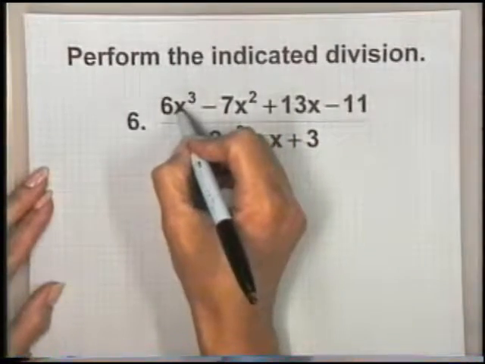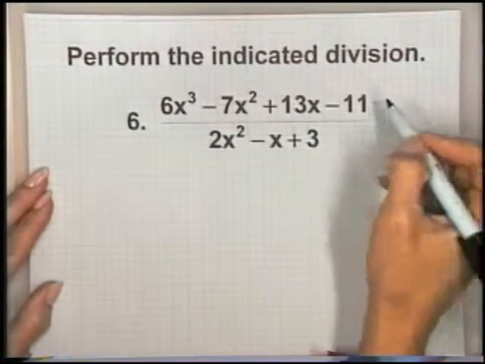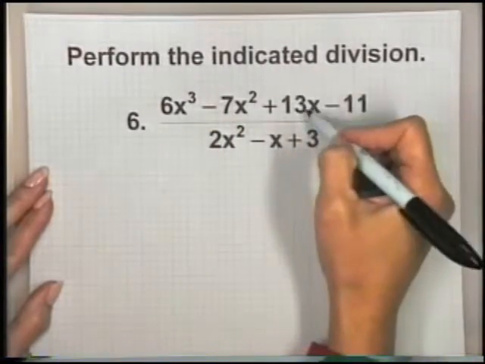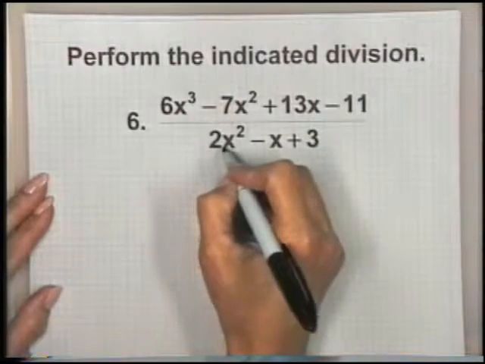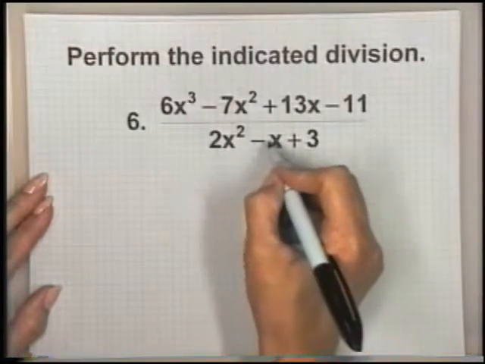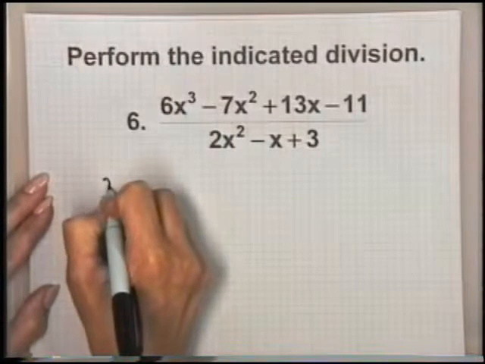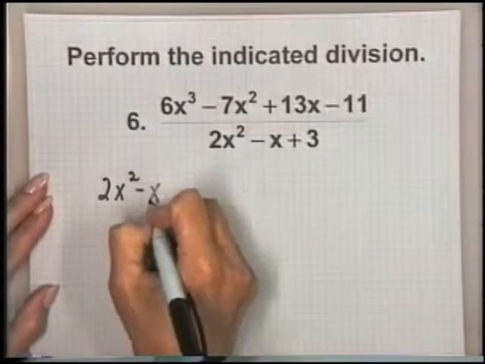Let's check this numerator and denominator. The numerator is written in descending powers of x, and there are no missing x terms. We have an x cubed term, an x squared term, an x term, and a constant. And of course, the only concern on the denominator is that it be written in descending powers of x, and it is. So let's rewrite this as a long division problem.